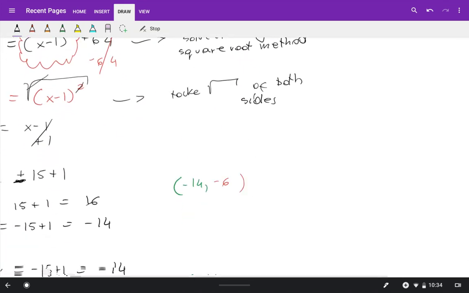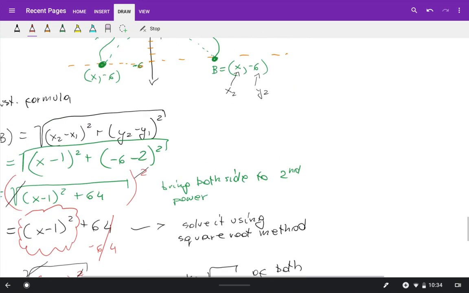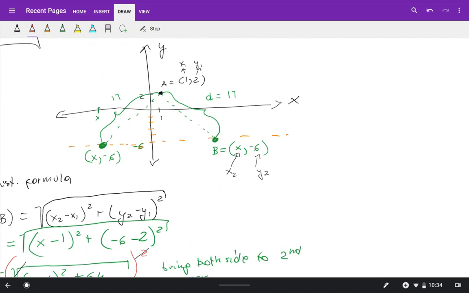And the second point which we find is 16 and negative 6. So we have two solutions. I'm assuming that this one will be negative 14 comma negative 6, and this one will be 16 comma negative 6. Okay, so that's it from section 2.1.